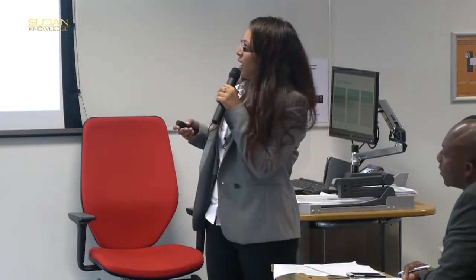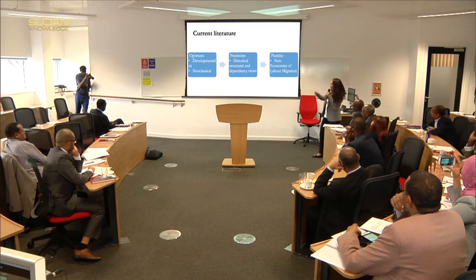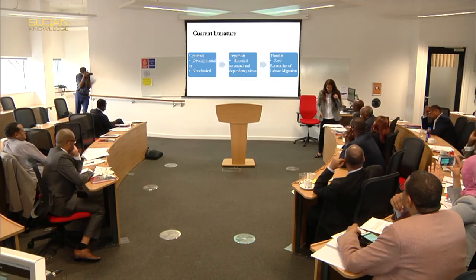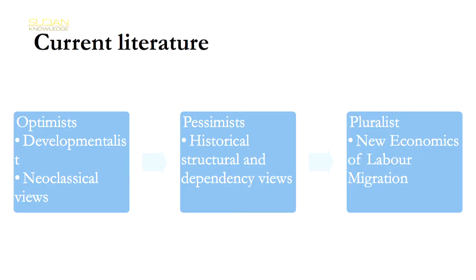Whereas the pessimists view migration in a negative light. They think that the sum of remittances sent back home is too small to make any substantial impact on the national economy. Another thing that the pessimists, or historical structural dependency theories, think is that it's not the poorest in society that choose to migrate, it's actually the richer households.